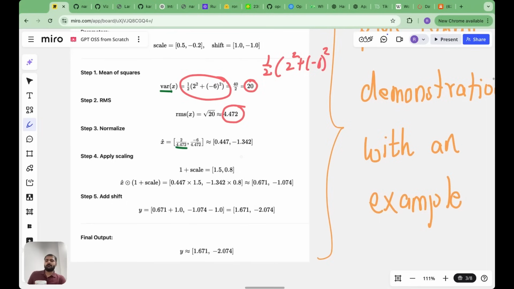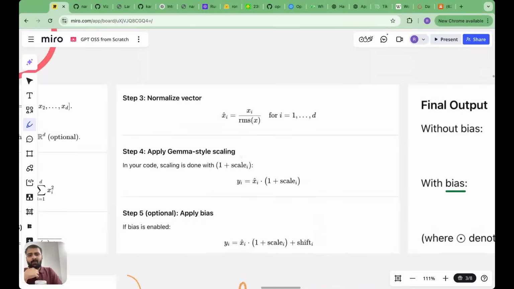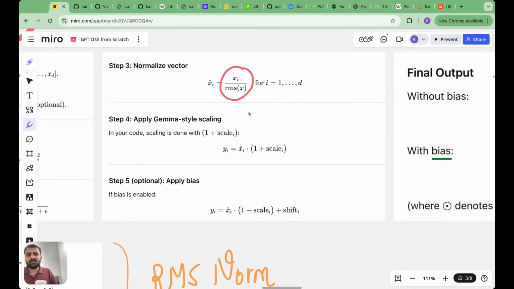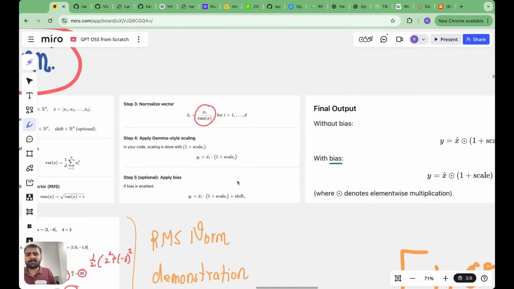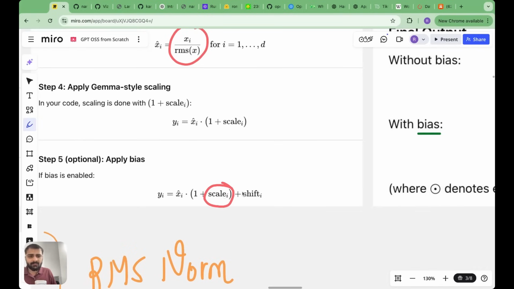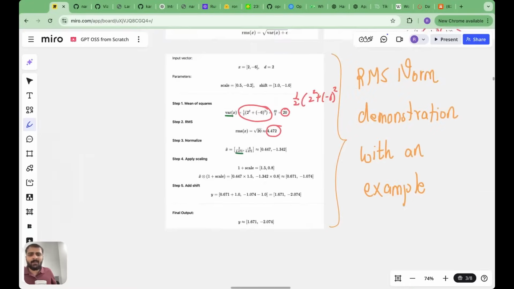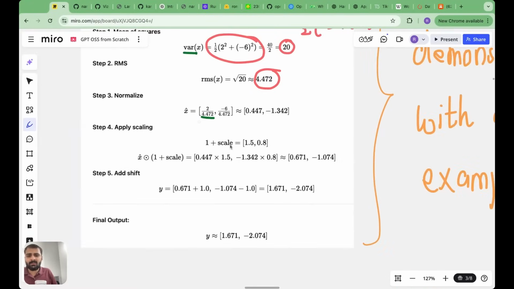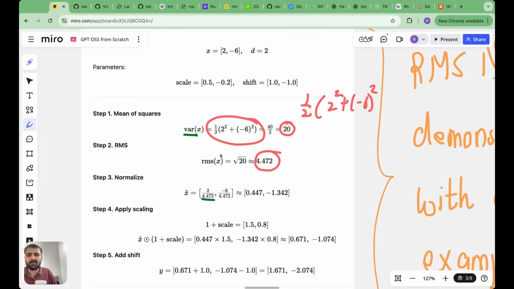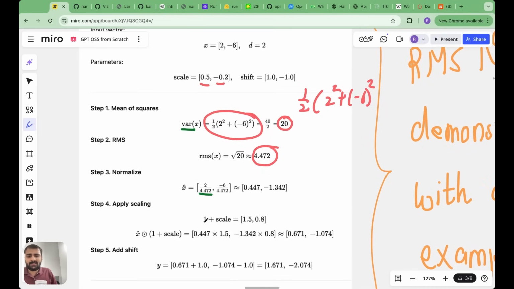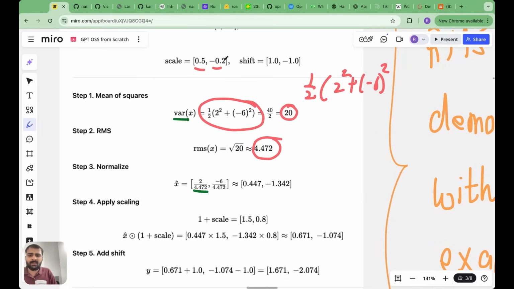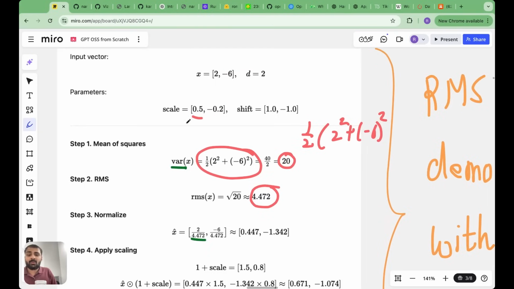But now, what we do when we deal with language models is that after we divide by this RMS value, a scale parameter is also introduced. And in some cases, we also have a shift parameter. When we have a scale parameter, let's say the scale parameter should have the same size as the vector size.